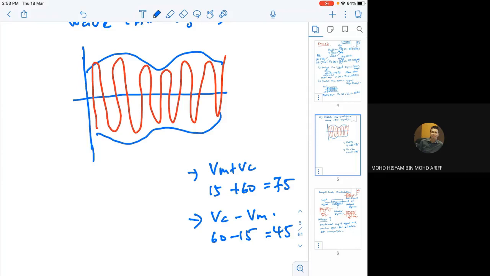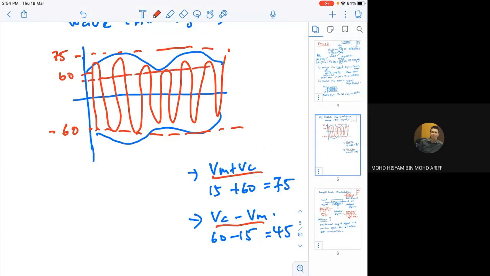Before we start, this is the introduction. How do you draw? This one is 60. So negative 60, here is 60. The peak one here is 75, Vc plus Vm.